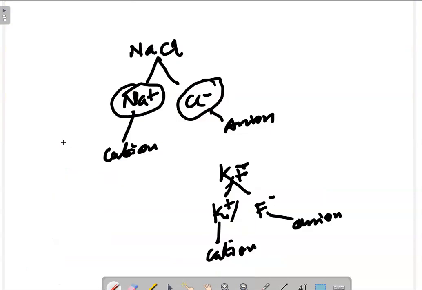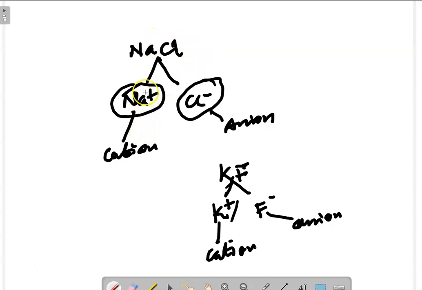For example, remember I said that the positive ion is a cation and the negative ion is an anion. If you take an ionic compound, a common one like sodium chloride, and dissolve it in water, it is made up of sodium ion and chloride ion.